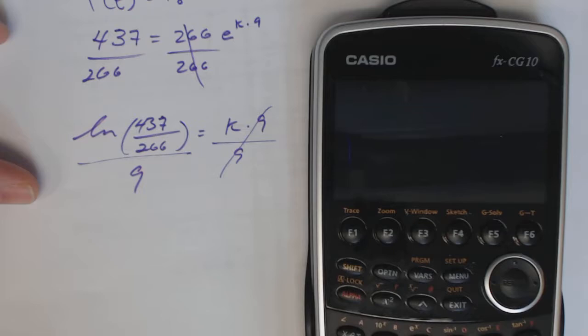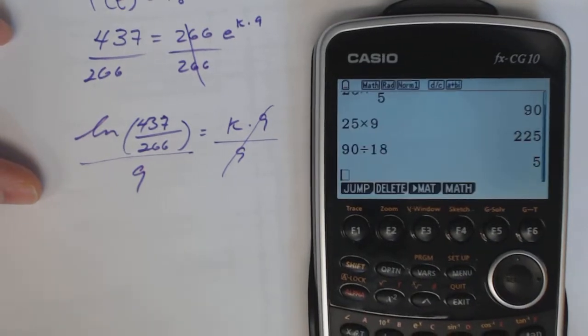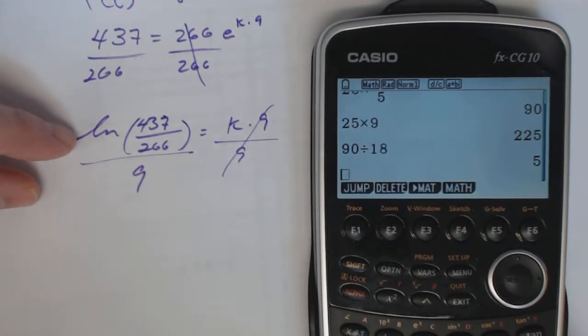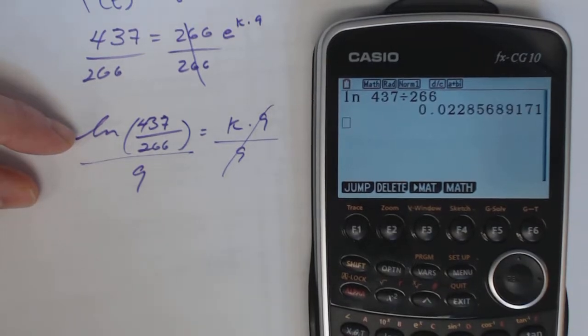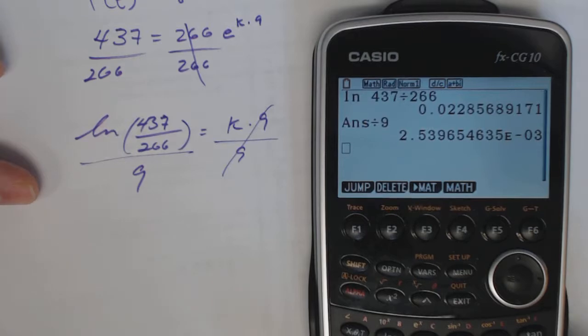So let's take a natural log of, delete everything off, natural log of 437 divided by 266, and divide that by 9. That's not right.